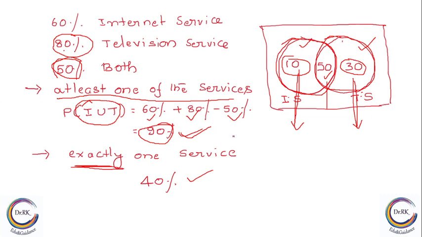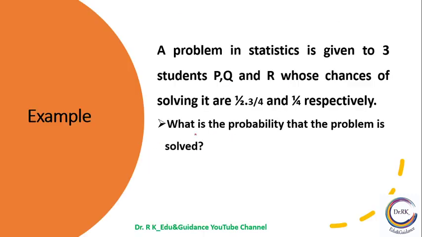Next, another example. A problem in statistics is given to three students P, Q and R, and the probability that P solves it is 1 by 2, Q solves it is 3 by 4, R solves it is 1 by 4.